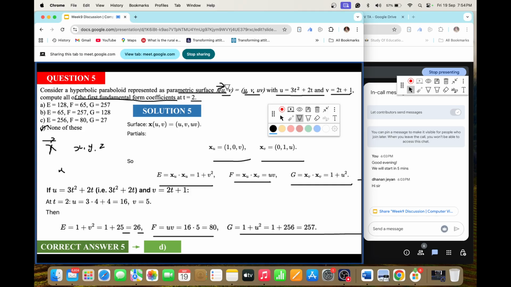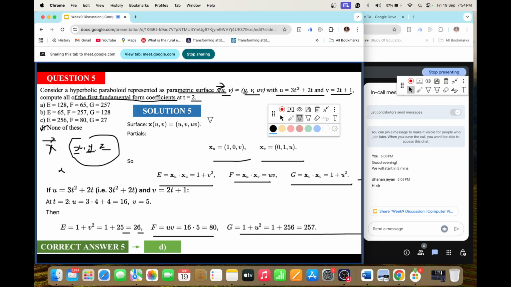Basically x is a function of uv, y is a function of uv, z is a function of u and v. These are functions of the parameters u and v. That is how it is representing.